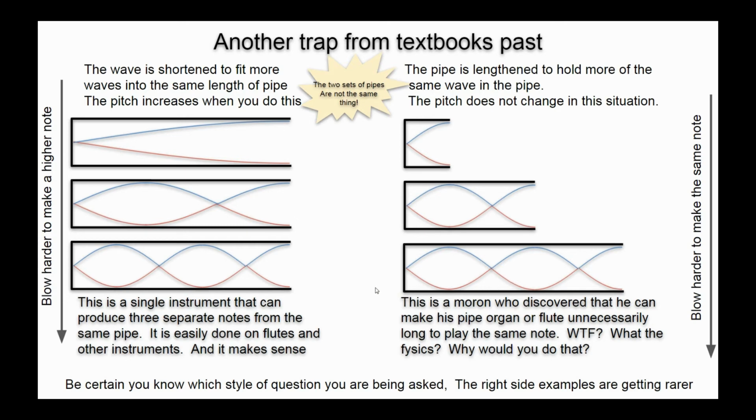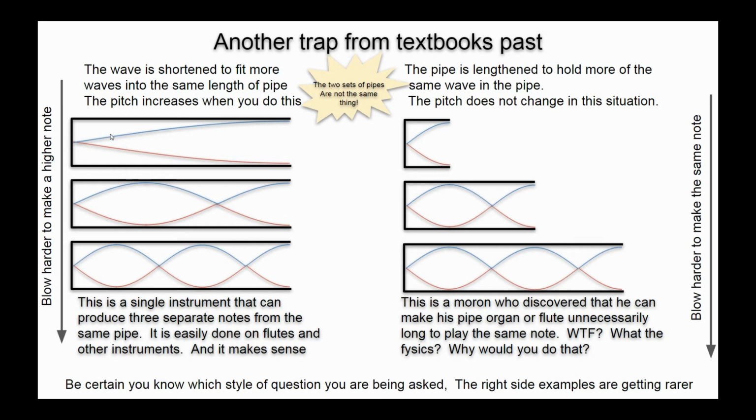They're not wrong, they're just stupid. This is telling you in the same length of a pipe or a string. It's a string when it's on a guitar. If it's a pipe, this is air moving like this.